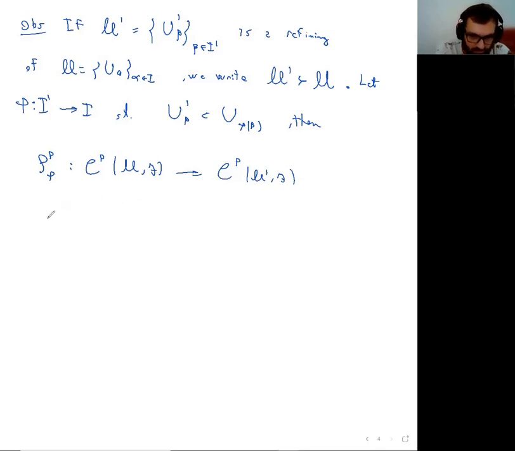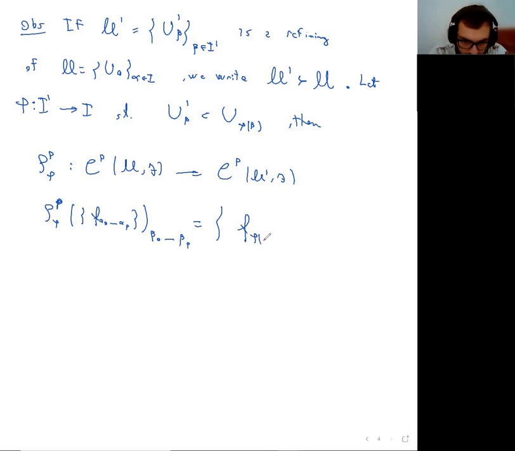So you take rho phi p of a p-cochain, so f alpha 0 alpha p. And what is this at index beta 0 beta p? Well, we simply replace all these indexes with the corresponding one.